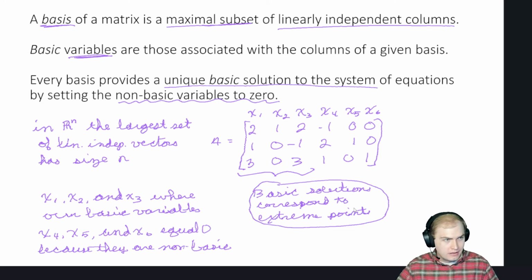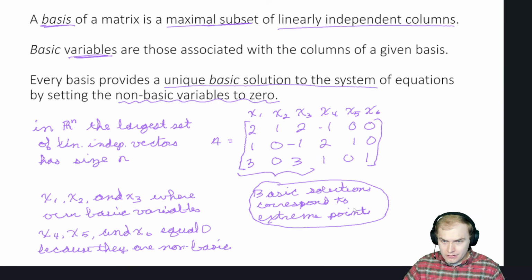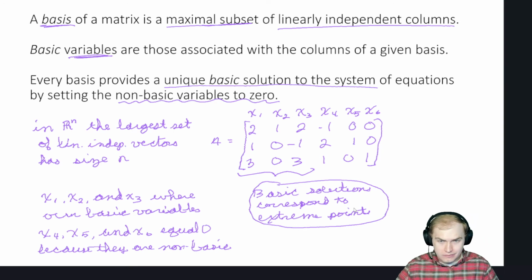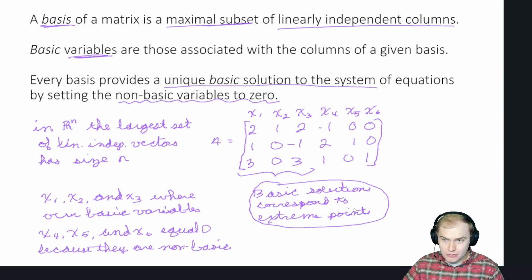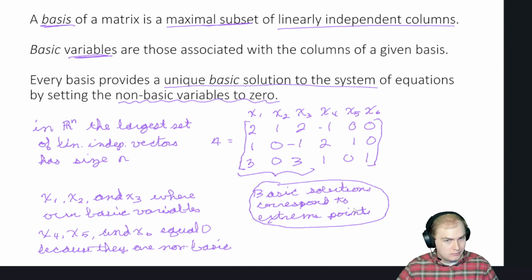And we'll formalize that a little bit later. But that's very important for us. It means that we can actually start to enumerate extreme points for these very large and abstract many-dimensional LPs.